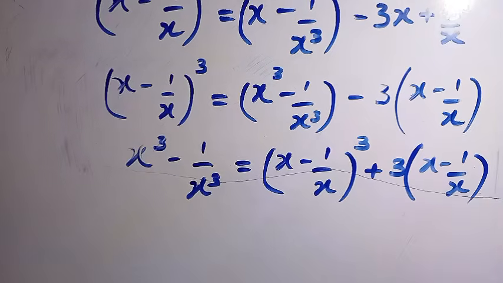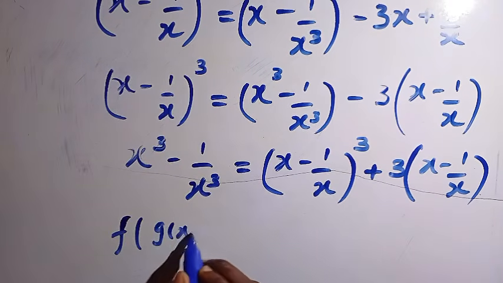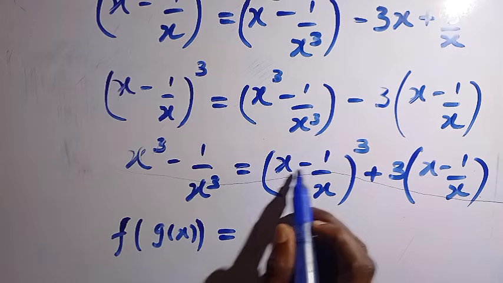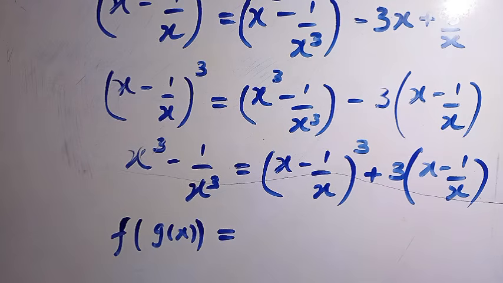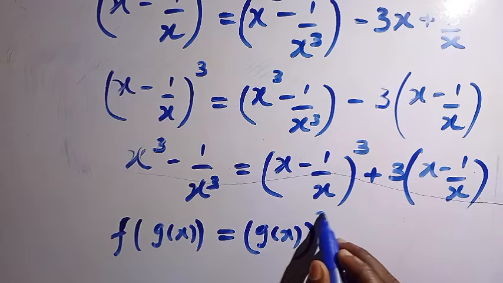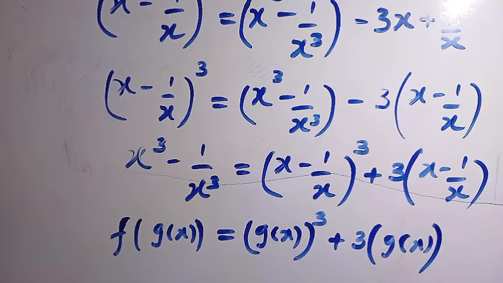So the next step, we are going to replace this as f of g of x. Then this equals, for x minus 1 over x, this is given as g of x from the first question. So this is g of x, all raised to the power 3, plus 3 bracket, also x minus 1 over x is g of x.